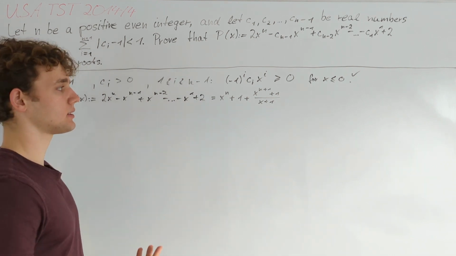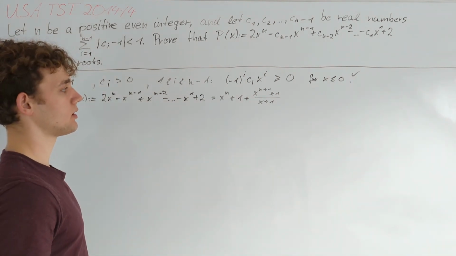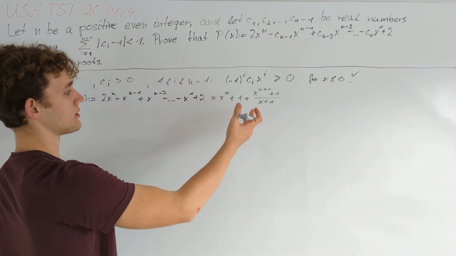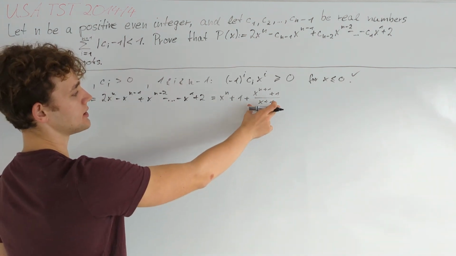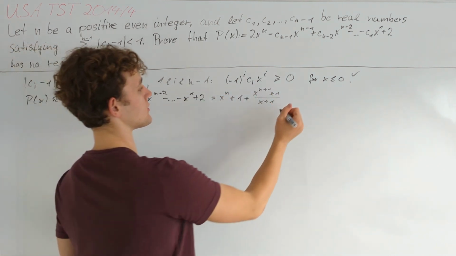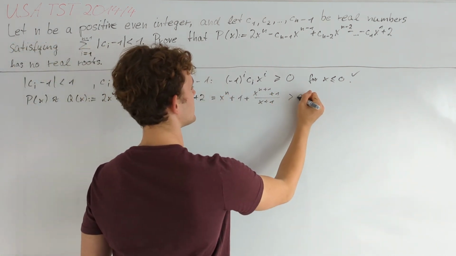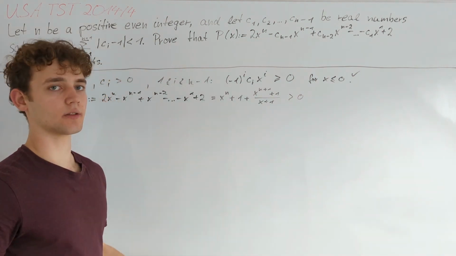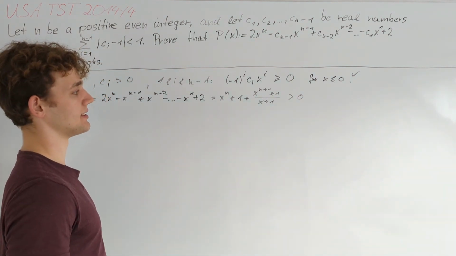Now q of x is a positive polynomial, and for x greater than 0 this is particularly easy to see because this is positive and every other summand is also positive. So this is greater than 0 and thus has no roots x greater than 0.